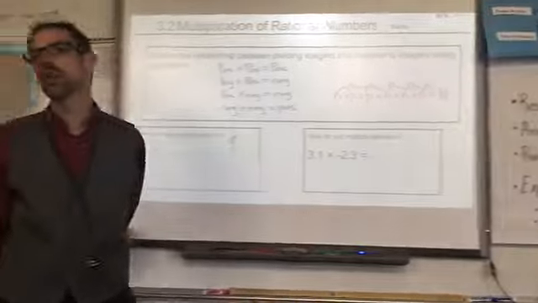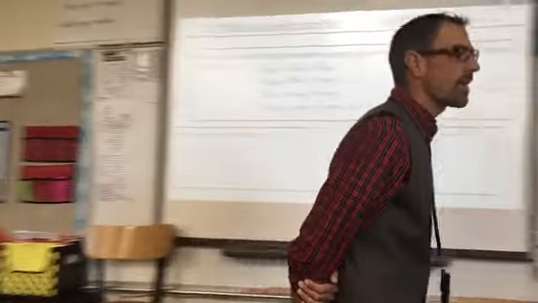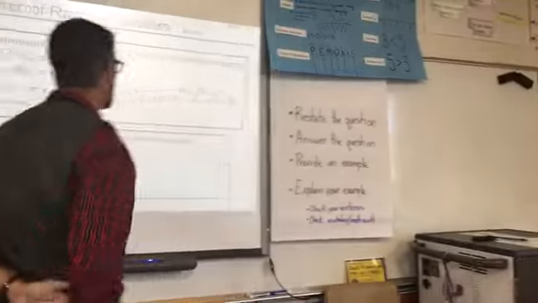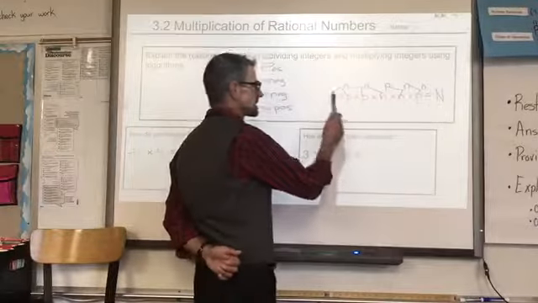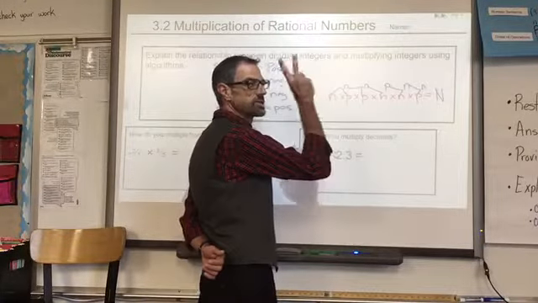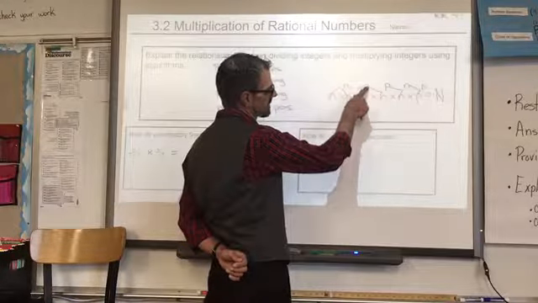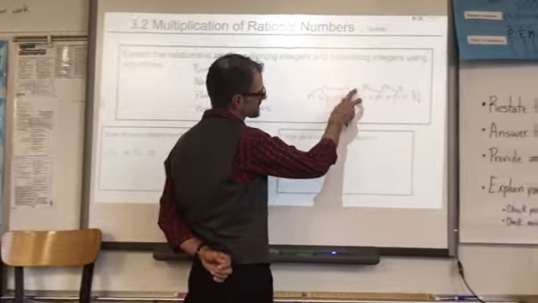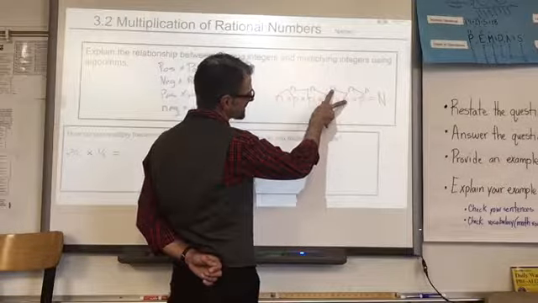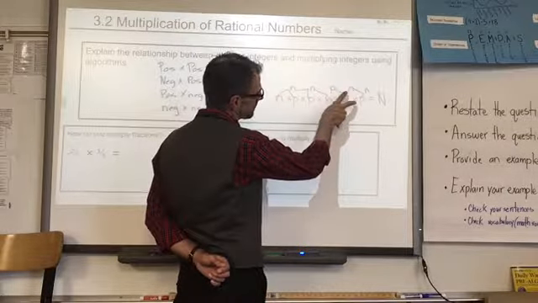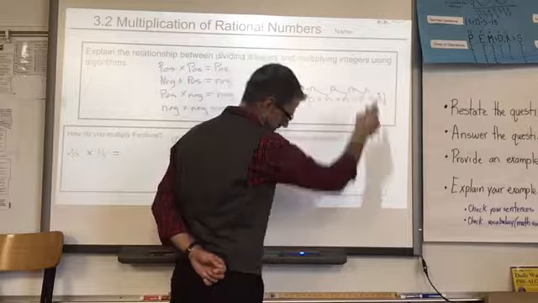So, after doing all that work, I know that my answer would be a negative answer. Because negative times a positive, signs are different, negative. Signs are the same, positive. Signs are different, negative.